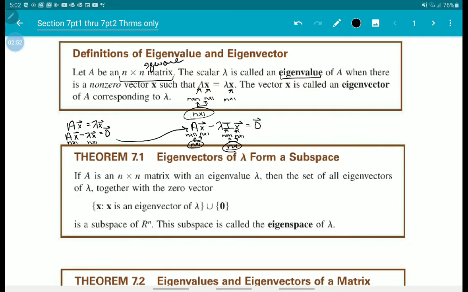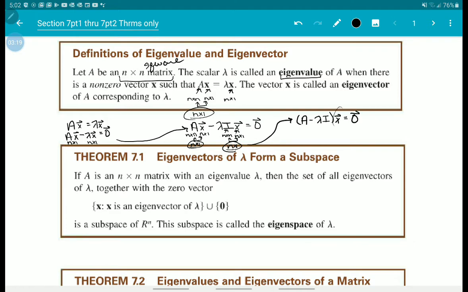Now, the reason I'm going to view it this way is because the only way that I can subtract these two is if the dimensions are the same. And I'm going to think about this idea of, and I'm going to use this term loosely, factoring out this x. So I can view it this way: A minus lambda I times x is equal to 0.